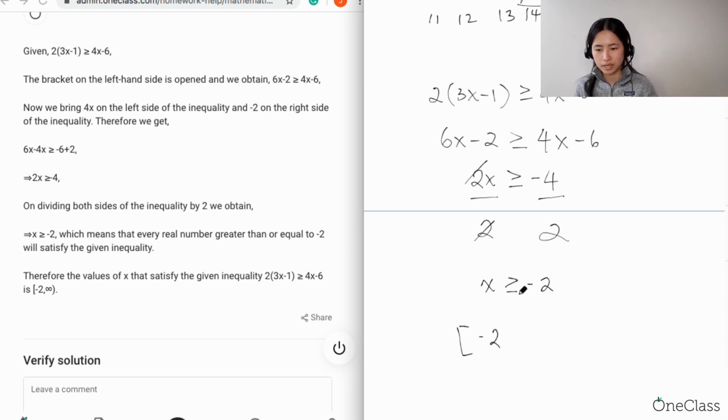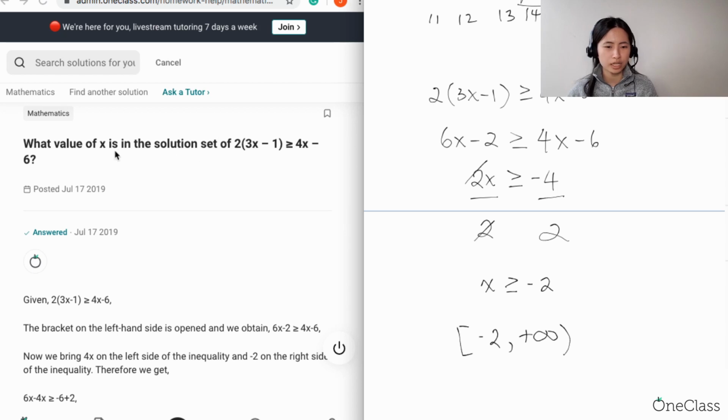The reason is because you're including -2. A square bracket just means that -2 is included, and because this is greater than, it's going from -2 to positive infinity, and then a close bracket. So in that case, this is equal to this. So any is fine.